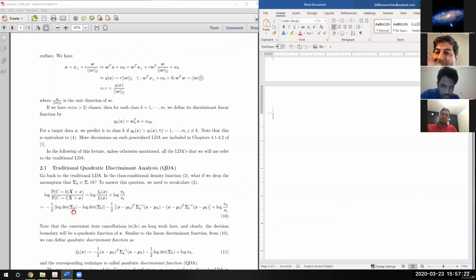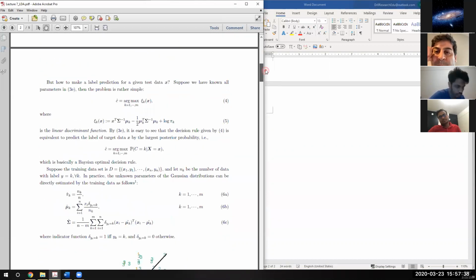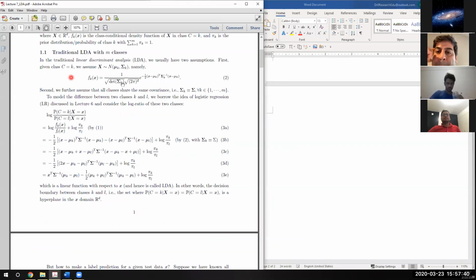Another thing I forgot to mention is this. We do need a delta function here. Where are they from? It is simply from the f function here.